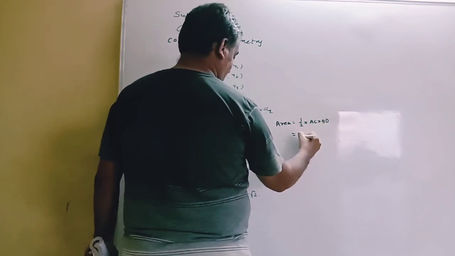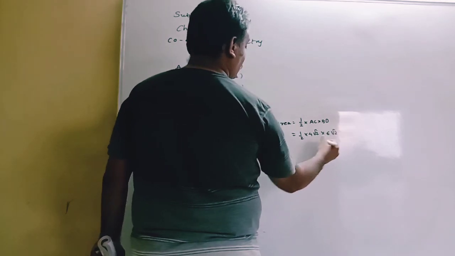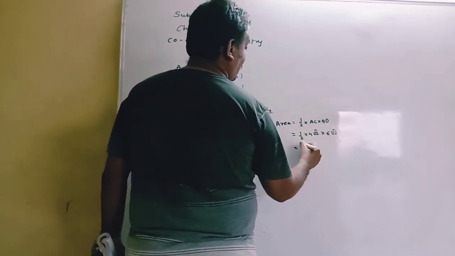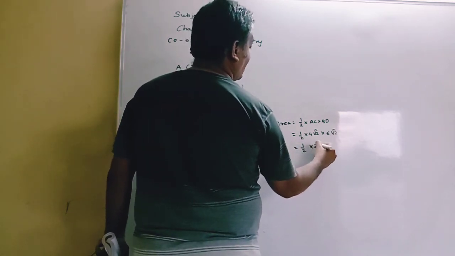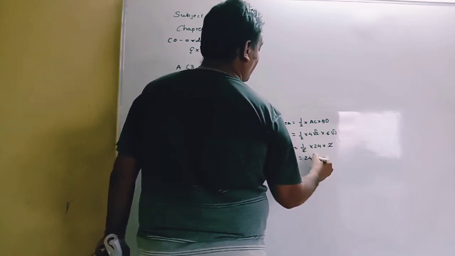So 1/2 into 4 root 2 multiplied by 6 root 2. So 1/2 into 6 times 4 is 24, and 2 into root 2 into root 2, the 2s cancel. So the area is 24 square units.